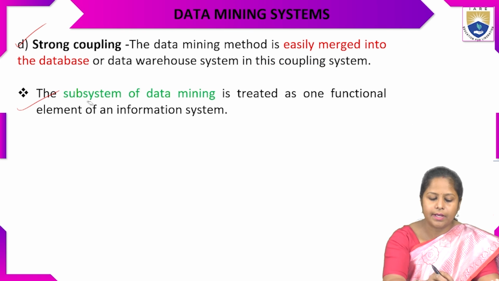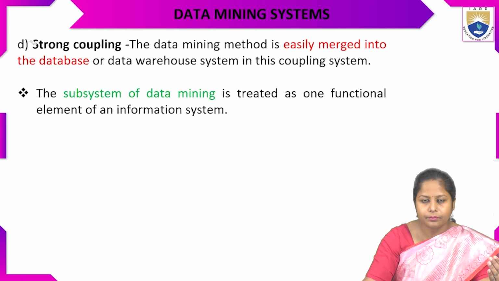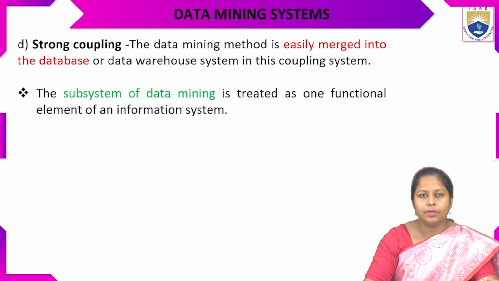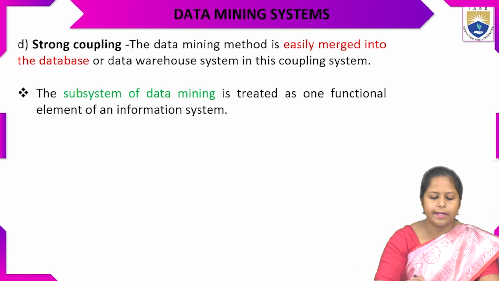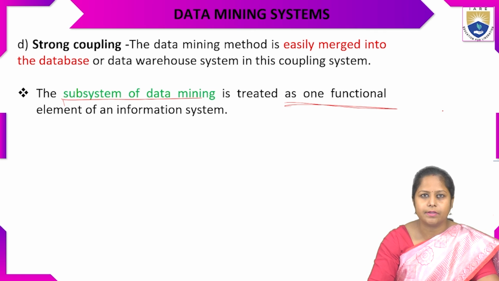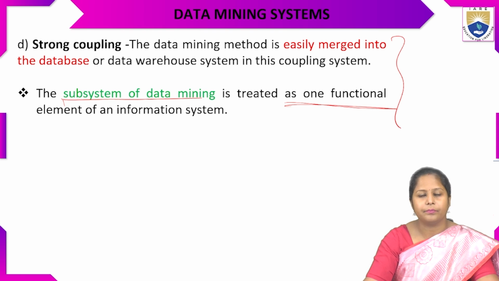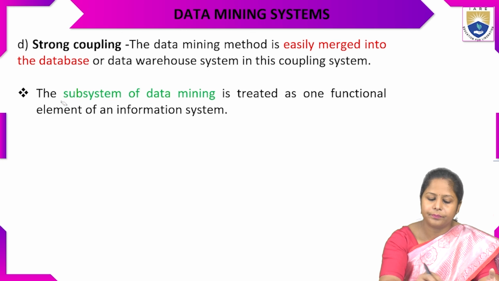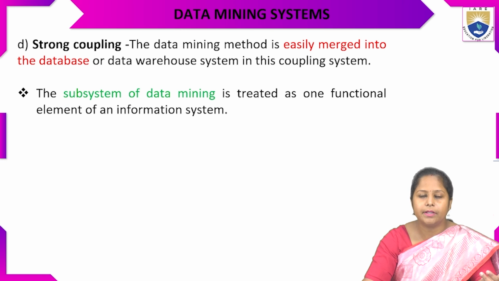On the basis of strong coupling, the data mining method will be merged into the database itself, the data warehouse itself. It applies the data mining methods directly onto the data warehouse or database systems, and works like a subsystem of data mining, treated as one functional element of the information system, because here the data is merged into the main database system and sometimes the data warehouse system.